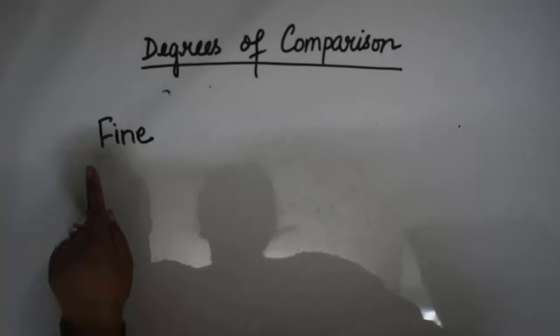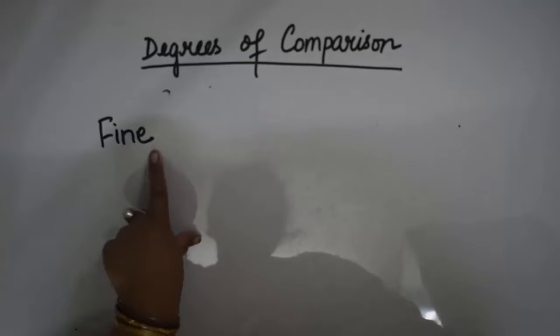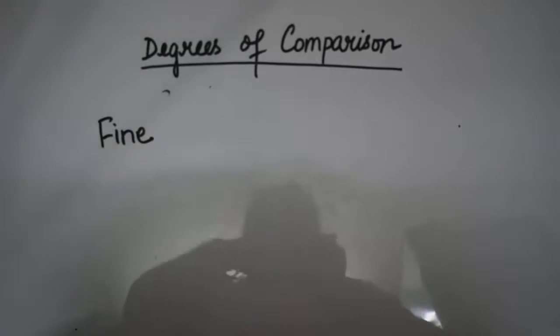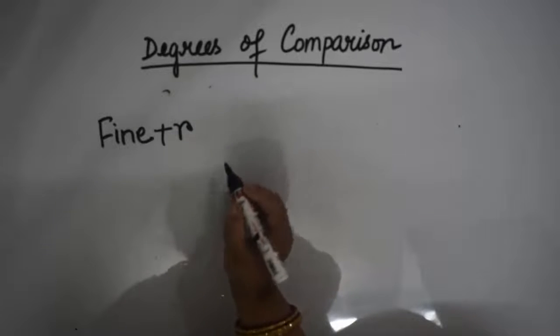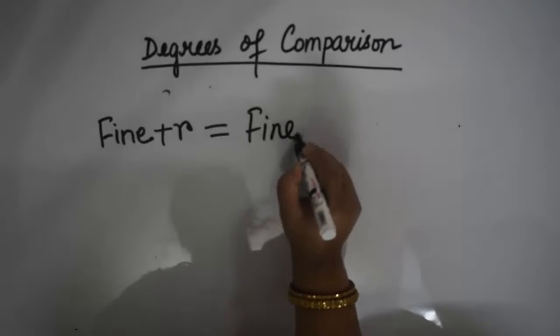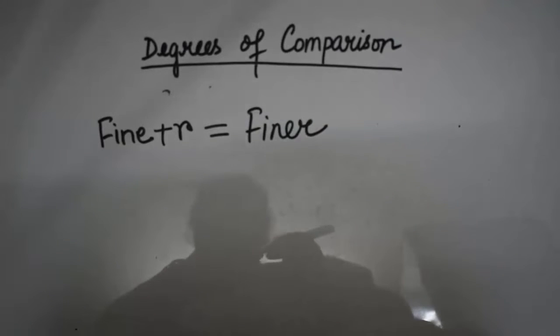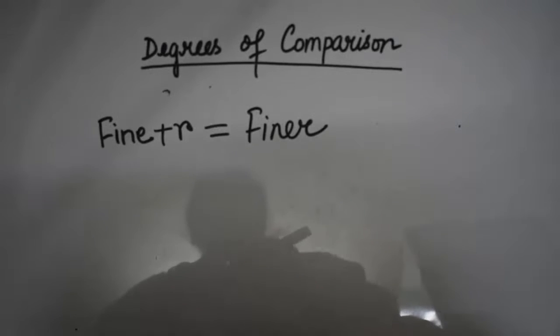I know the rule. I just understand that the word ends in E. So what I have to do is I simply need to add an R to form the comparative of the word fine, which is finer. All right.